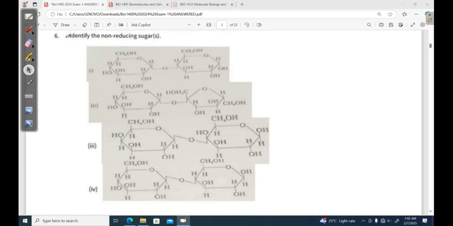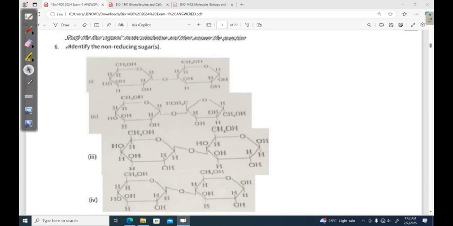Okay, the next question is 6. Identify the non-reducing sugar. From these structures, just look for sucrose, because sucrose is a non-reducing sugar. Sucrose is made when glucose and fructose combine.